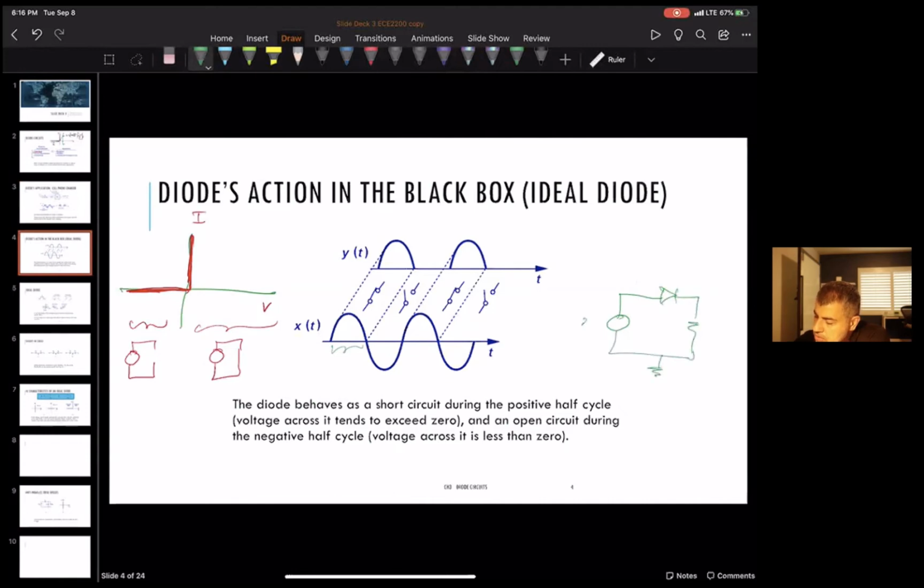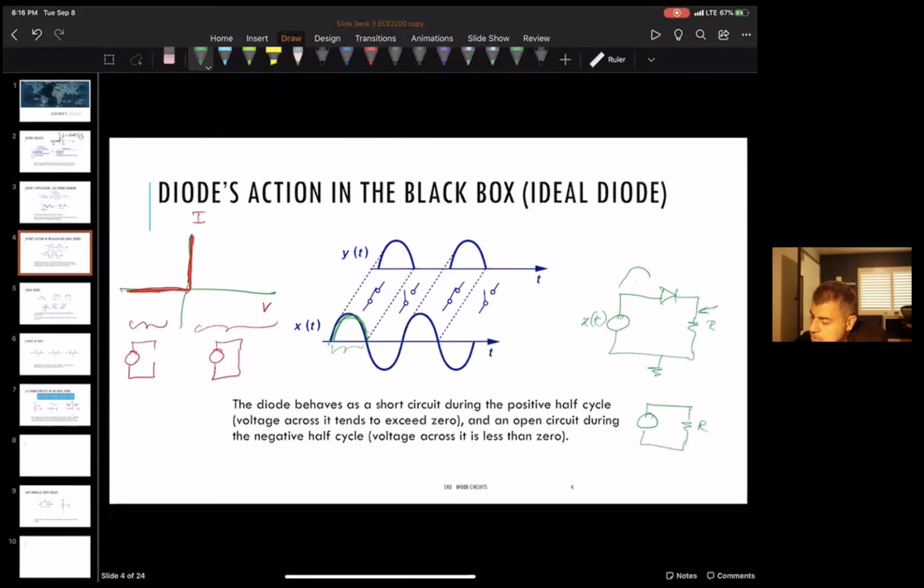Okay, x of t, and then this diode, and this is some small resistor value. So what happens is when x of t is positive here, this guy, let's say it's close to ground value. So when this guy's positive, you're just dropping a voltage across a resistor.